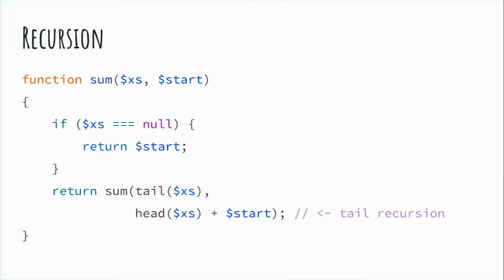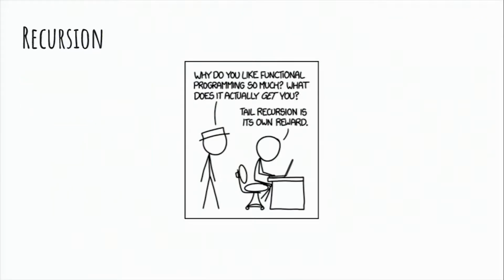This function does exactly the same thing, but this one can be optimized because as soon as we return the sum call, there's nothing in between the call to sum and returning from this function. So we can throw away the item on the stack, and that looks just like a loop, like a goto. And this is called tail recursion, and according to some people, it's equal to the meaning of life.